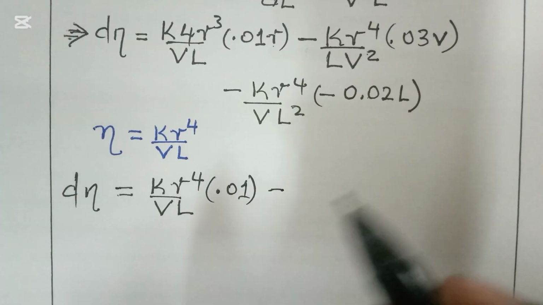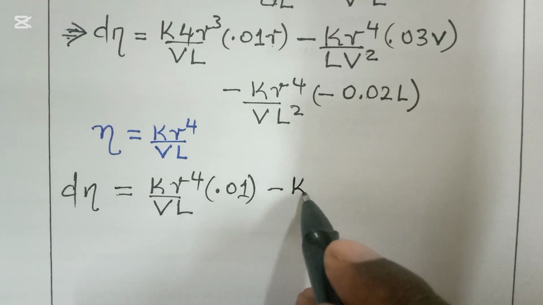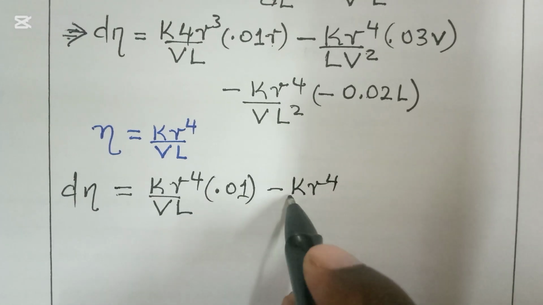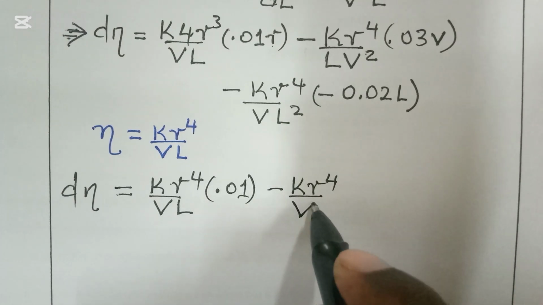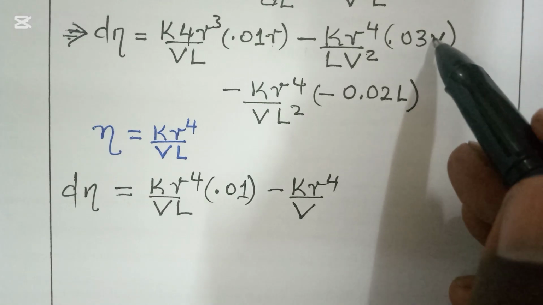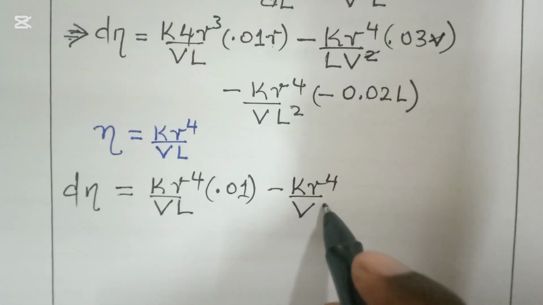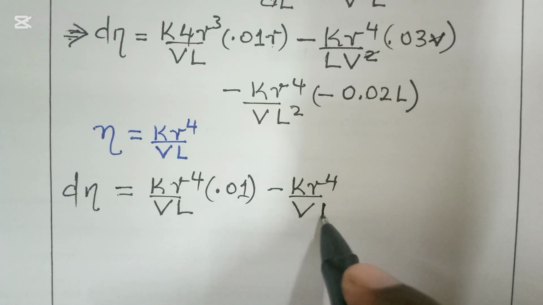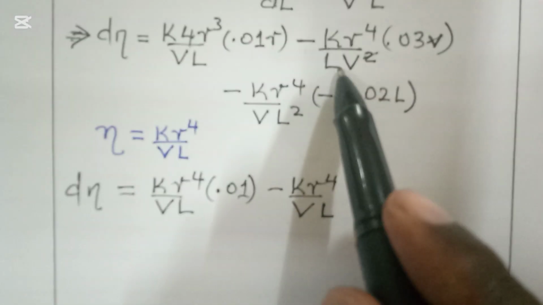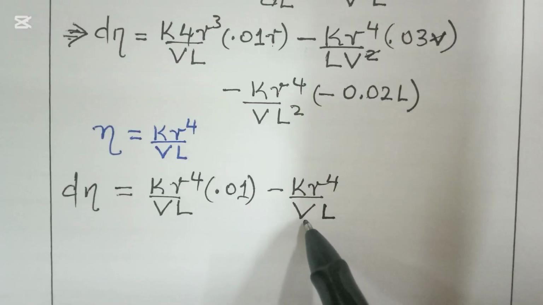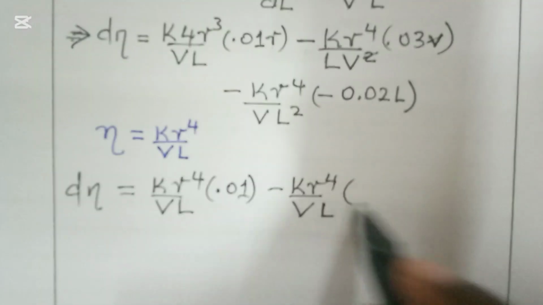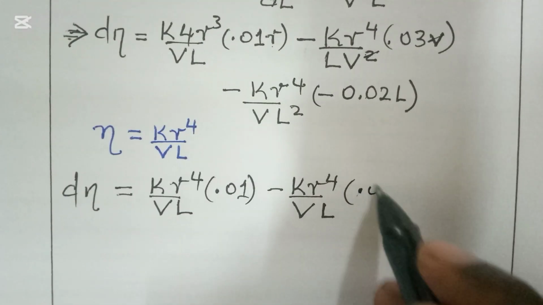Minus, the same way, K R raised to 4 all over V. We also have another V here, so we cancel one of the V. We are left with LV. So this one is 0.03.